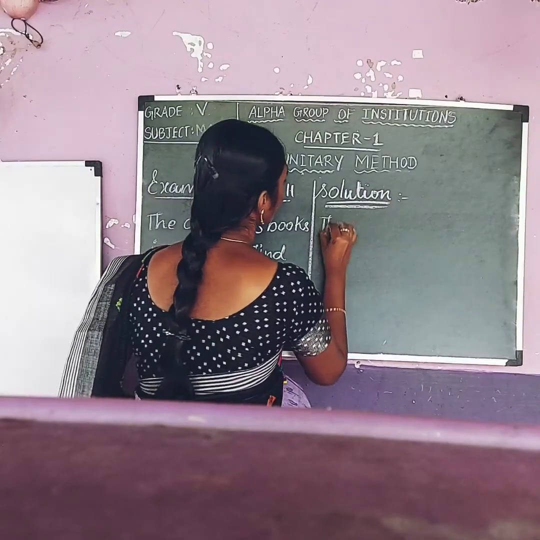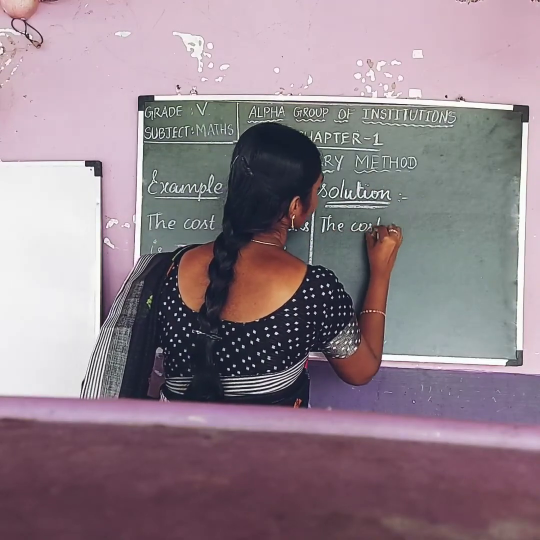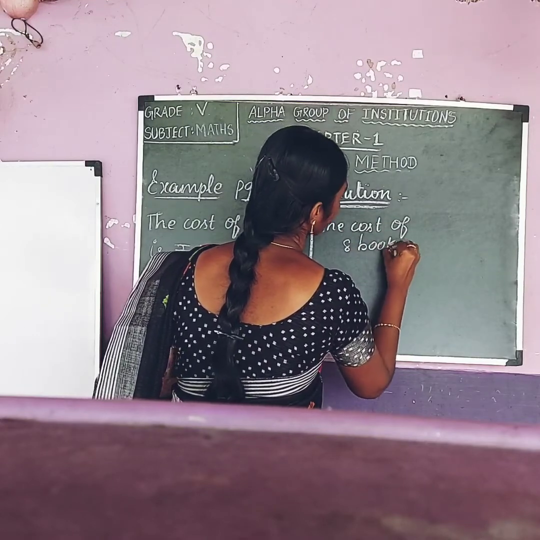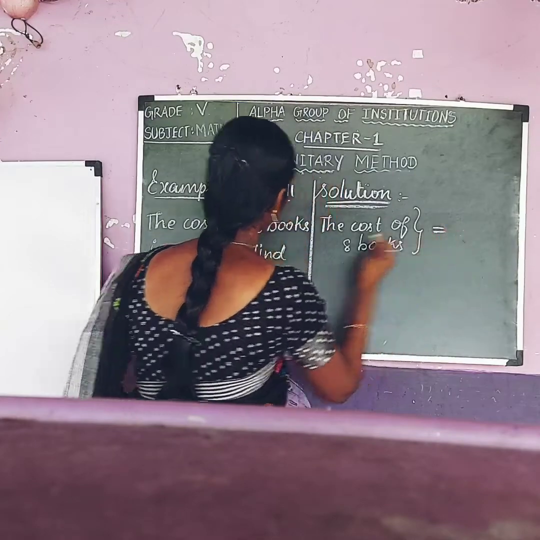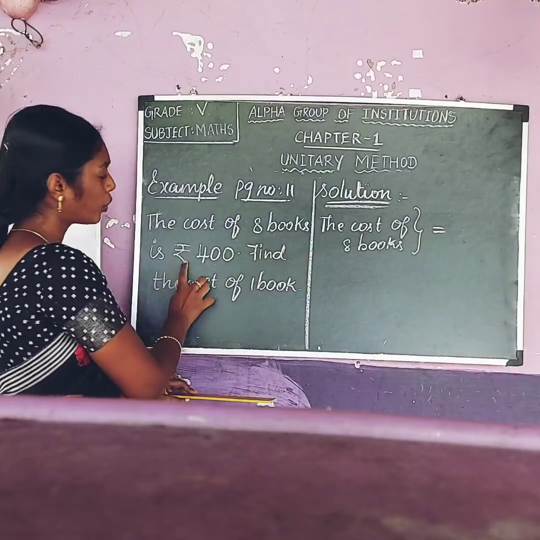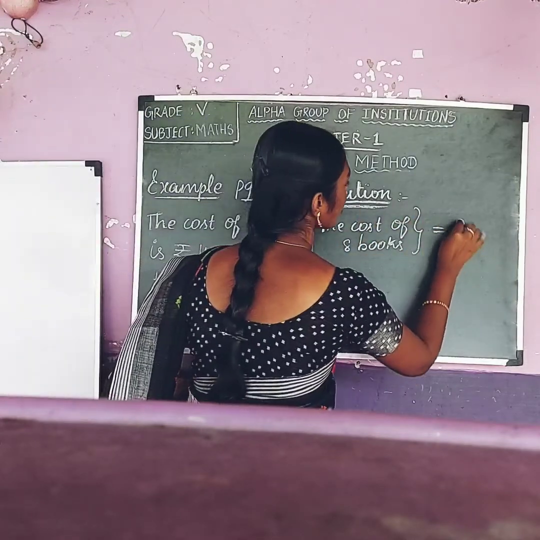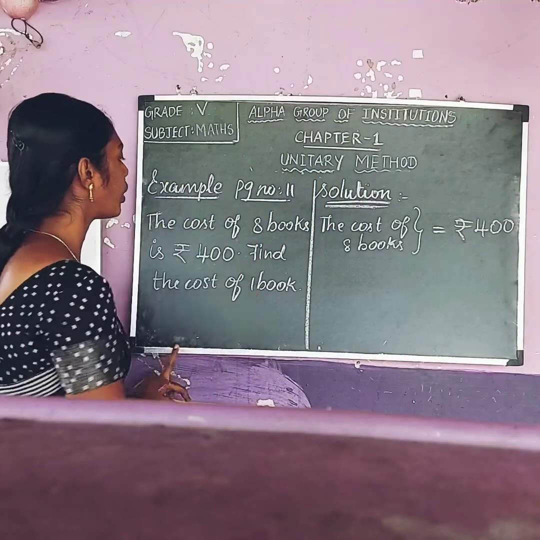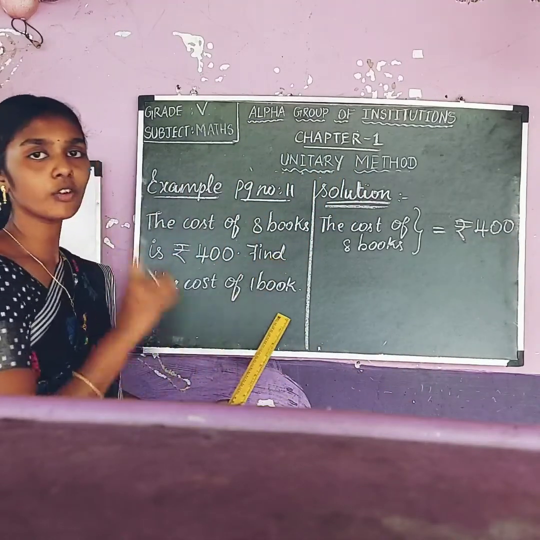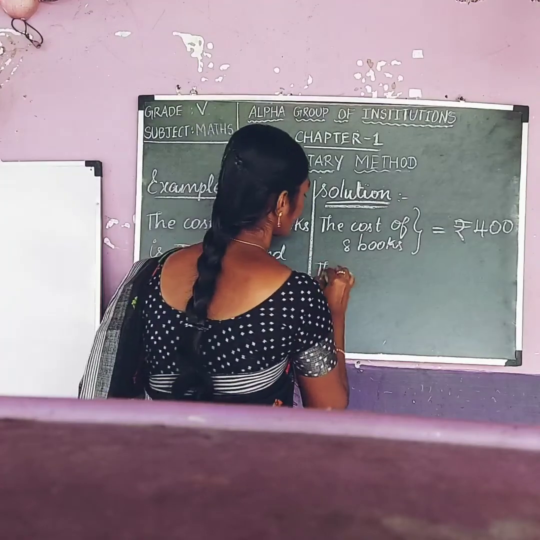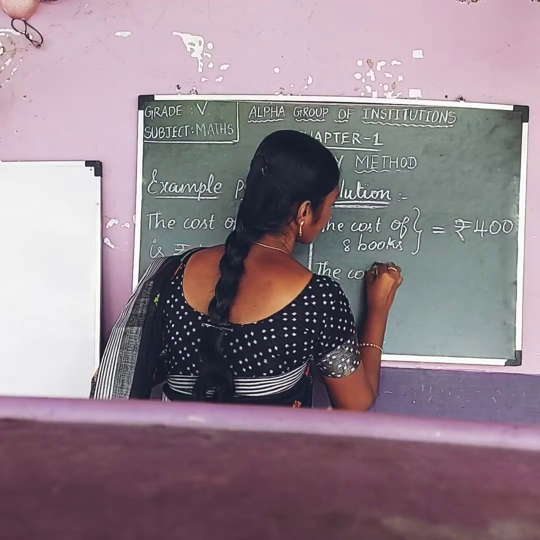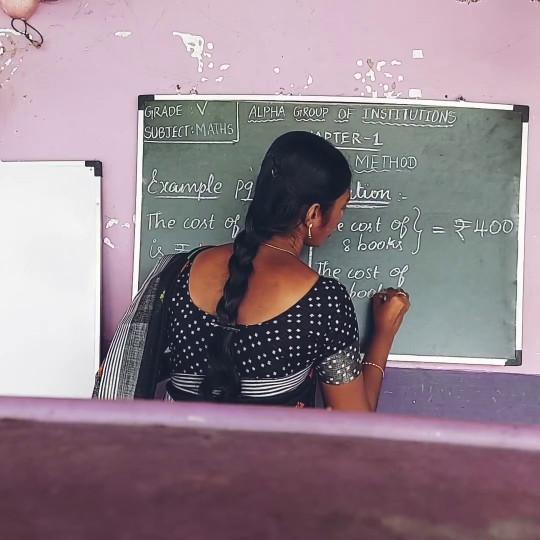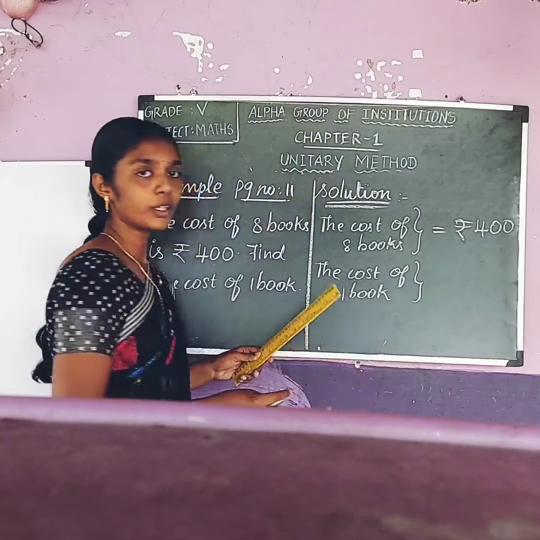The cost of 8 books is given as rupees 400. The cost of 8 books is rupees 400, and I want to find the cost of one book. So the cost of one book, what do I want to do?